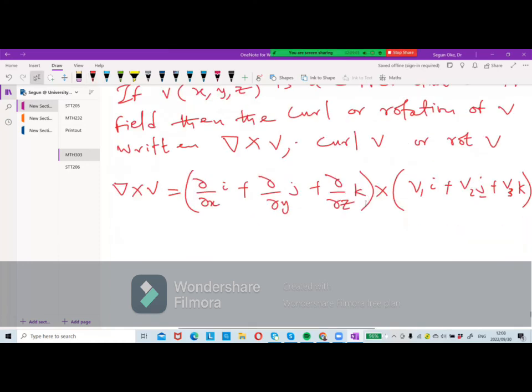Anytime you see cross, the matrix should come to our mind, the determinant, i, j, k. That's what they are saying. So we put d dx, d dy, d dz, and you have V1, V2, V3.